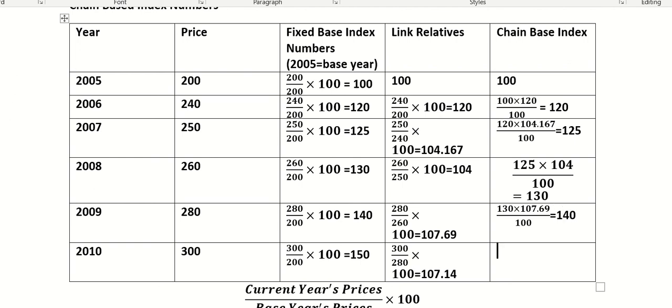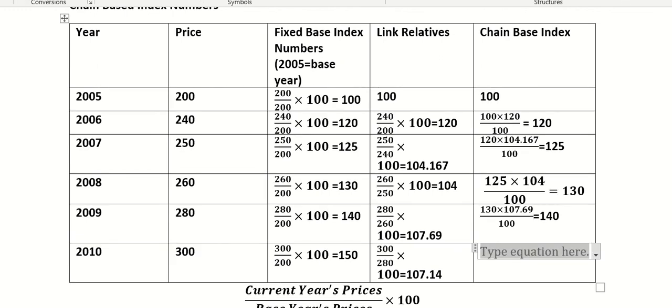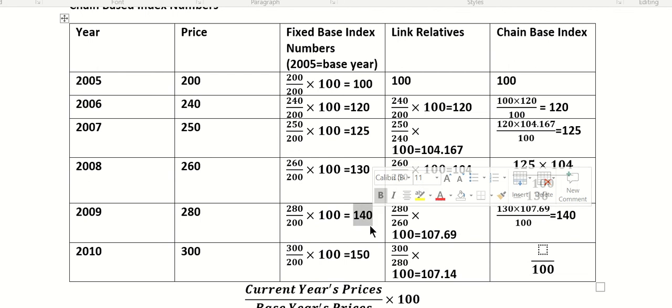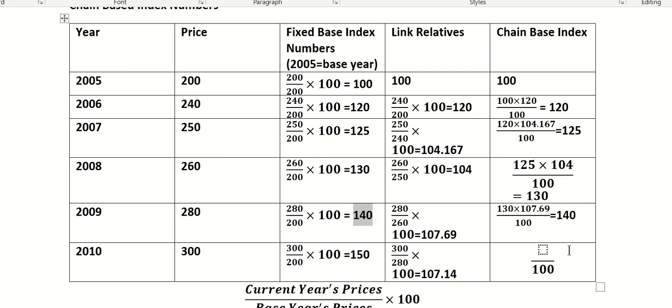Again, we will apply the same formula. Denominator 100, numerator this 140 into this 107.14.